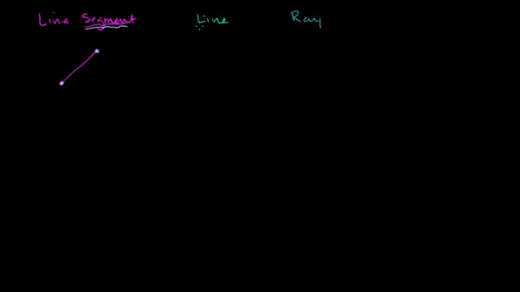A line, if you're thinking about it in the pure geometric sense of a line, does not stop. It does not have a starting point and an ending point. It keeps going on forever in both directions. So a line would look like this. And to show that it keeps on going on forever in that direction right over there, we draw this arrow.